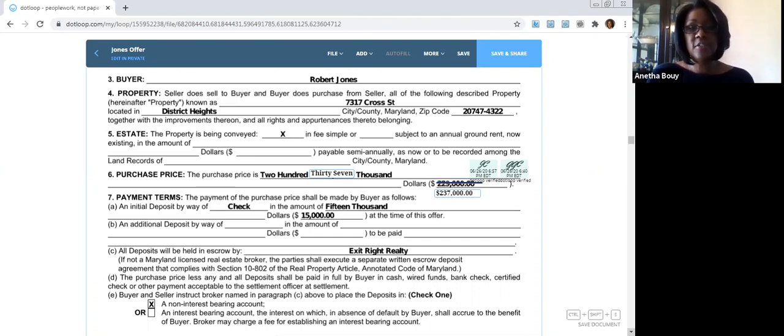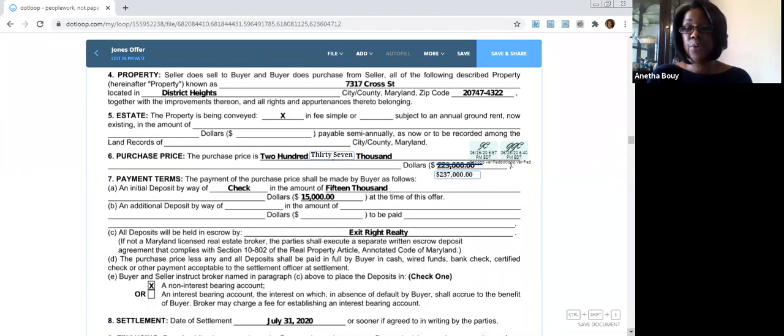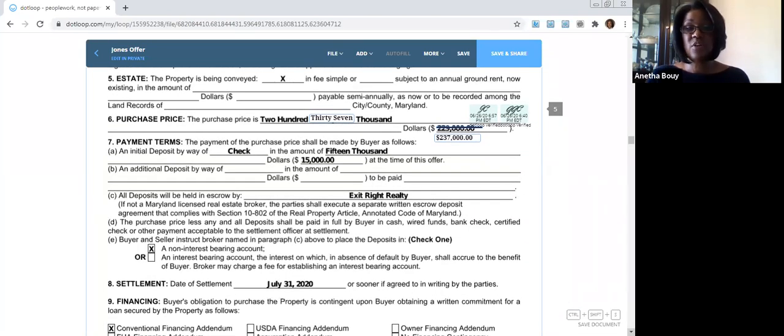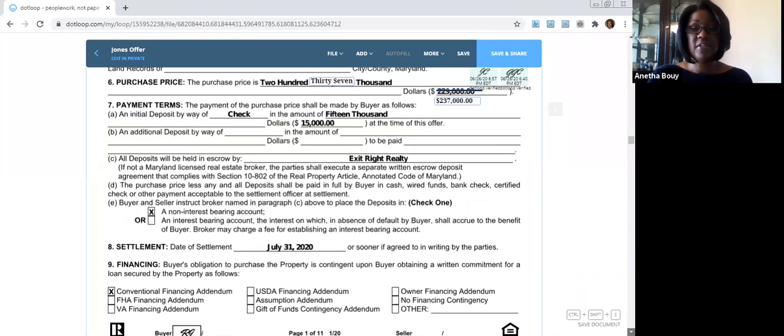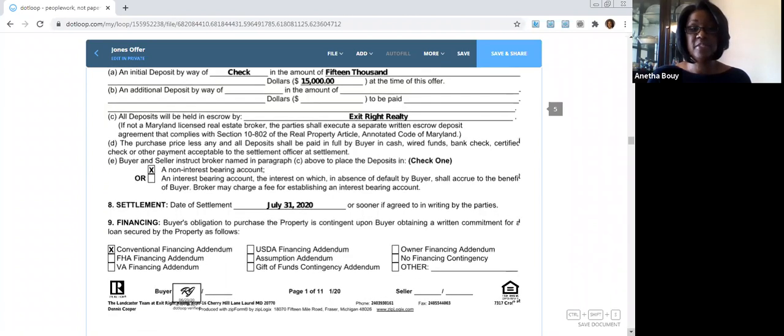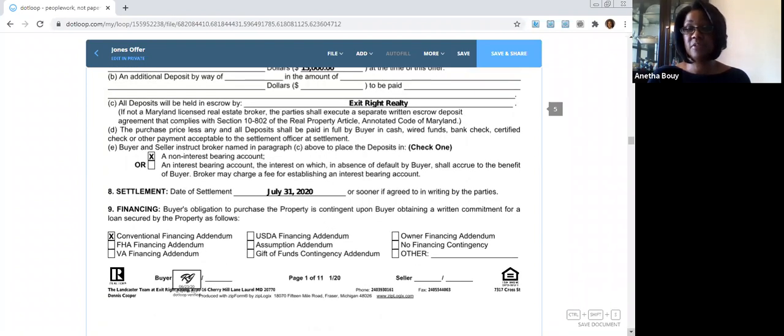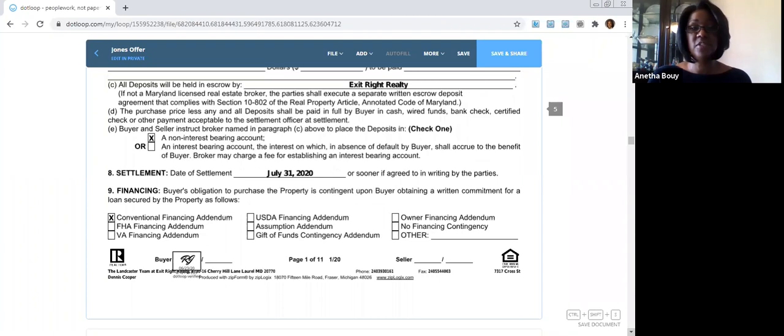Let's see. And so again, his offer is 237. Again, he has the $15,000 in earnest money deposit. He's identified who is going to be holding that deposit. He has also given us a close date. He's identified here on the contract of sale that this is a conventional loan.